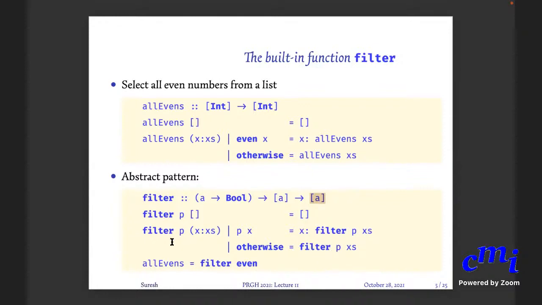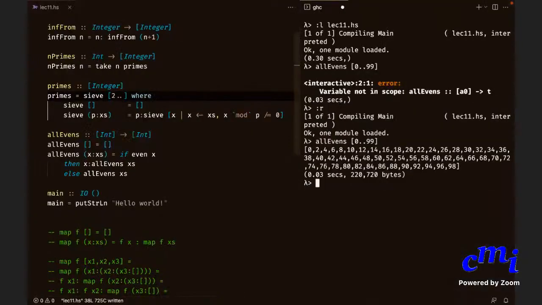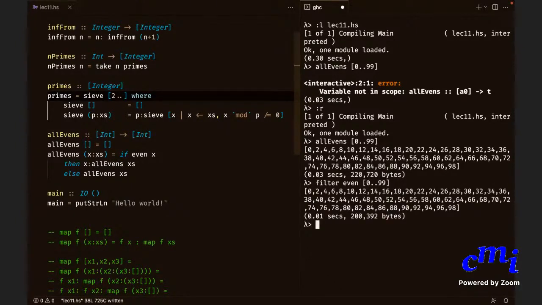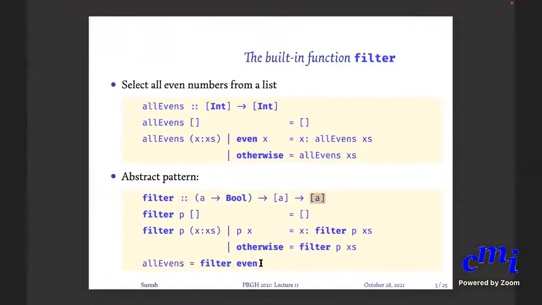Your all evens, for instance, is just filter even. So instead of defining all evens like I did, I could have just said filter even 0 dot dot, and I would have gotten the same result. Is filter clear?